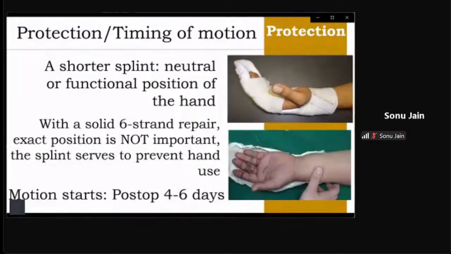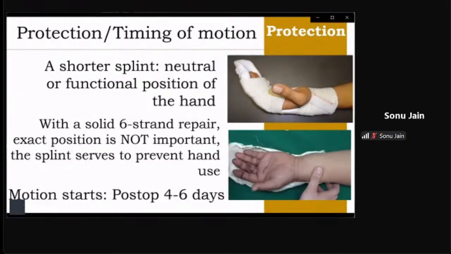The finger joints are in the functional or resting position. The specific angle at these joints is not important because the splint serves to prevent any hand use, and not for setting the tension.